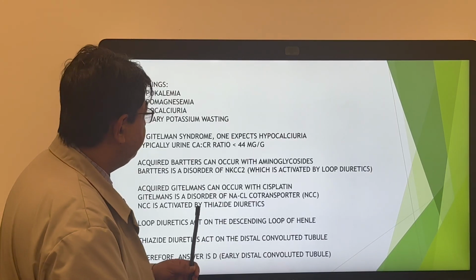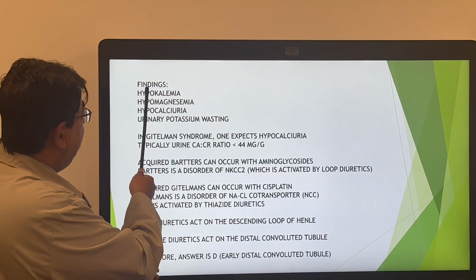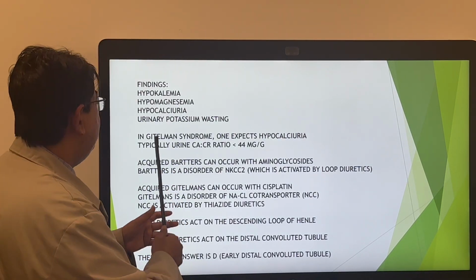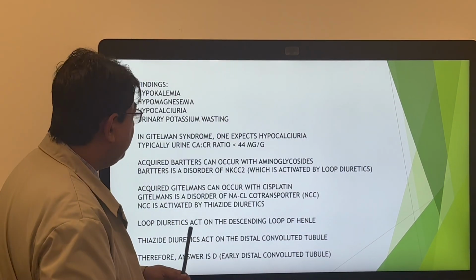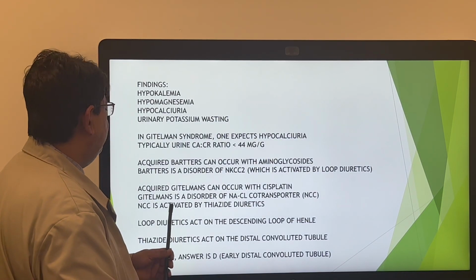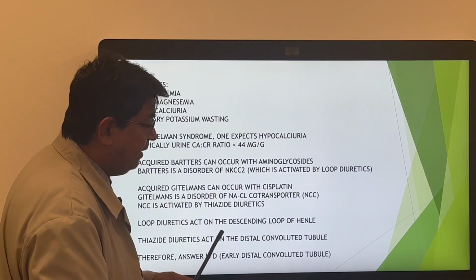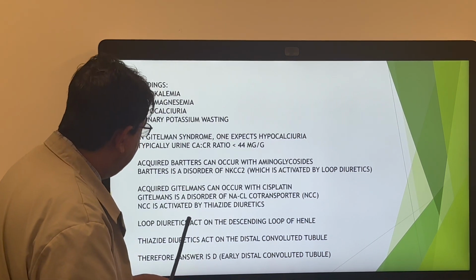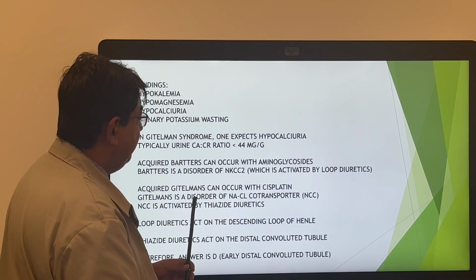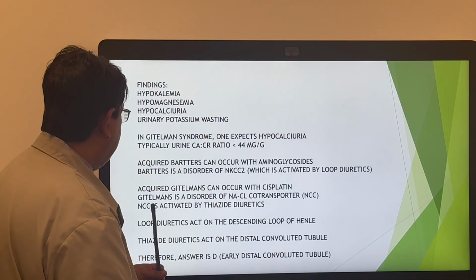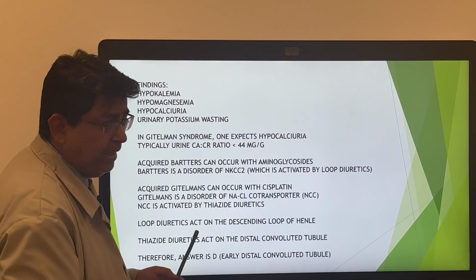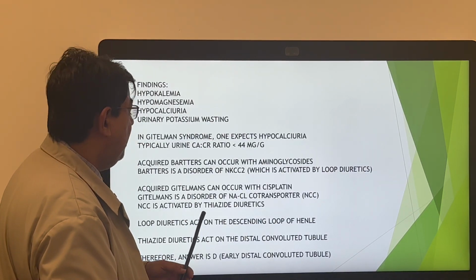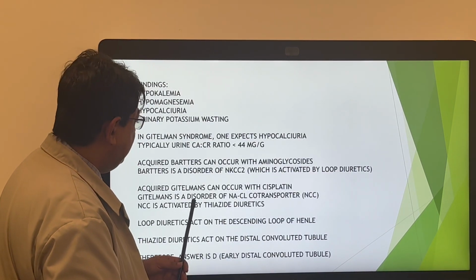Next slide. So again, findings are hypokalemia, hypomagnesemia, hypocalciuria, and urine potassium wasting. As you know, for Gitelman's syndrome, I think of Bartter's as loop, and so Gitelman's would be thiazide. So Gitelman is a disorder typically inherited of the NCC.